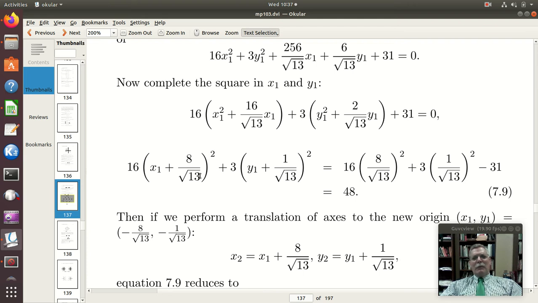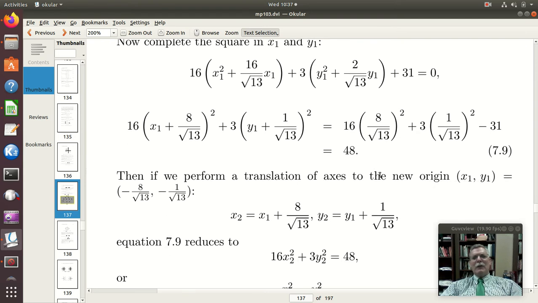But if you add the squares of those in, you have to subtract them back out. And well, they moved the negative 31 to the right and they added them in here. So what they added in on the left, they added in on the right, and that simplified to 48.